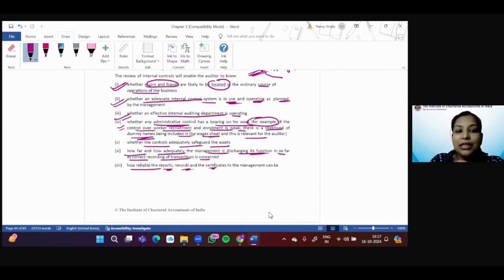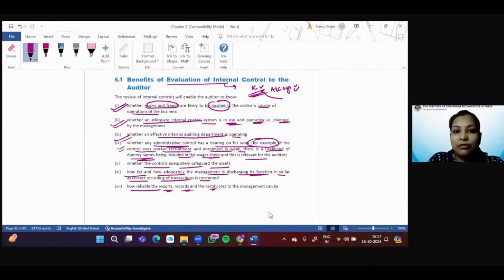So a very logical and very simple topic, that is benefits of evaluation of internal control. The auditor can understand whether errors and frauds can be located in the ordinary course of business, whether an adequate internal control system exists or not, whether an effective internal auditing department is there or not. Any administrative control has a bearing on his work, that is, he should see whether that administrative control is working effectively or not.